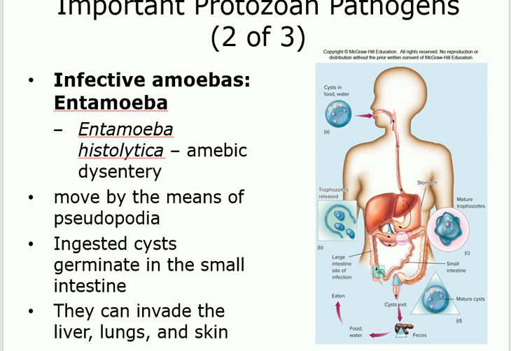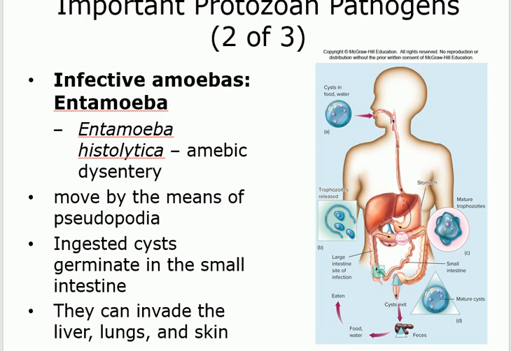So if you're using pseudopodia, what do we call this movement? Amoebic or amoeboid movement. Amoeba-like movement. Entamoeba histolytica, for example, moves around like this. Let's say this is the Entamoeba, something like this.